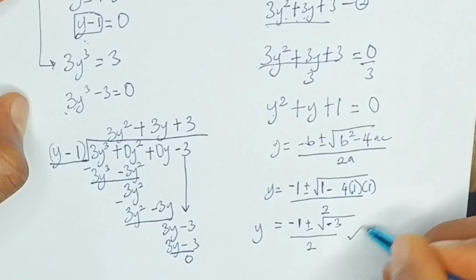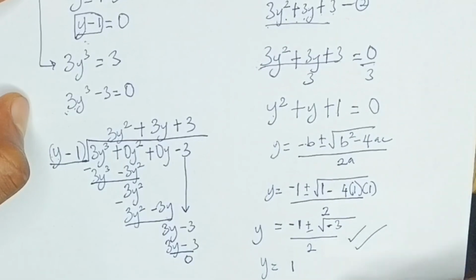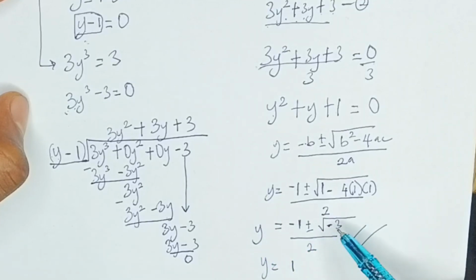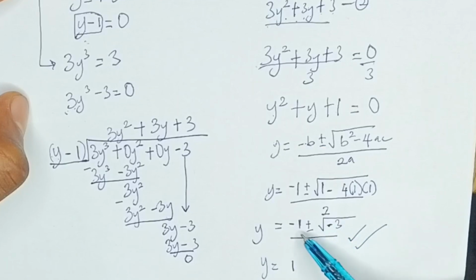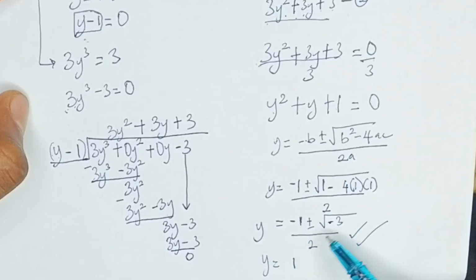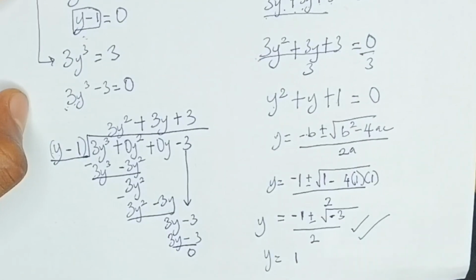So we can easily leave our answer in this form. That is either that y is equal to 1, which we've deduced from the beginning, or that y is minus 1 plus or minus square root of negative 3 all over 2. And square root of negative 3 cannot really be expressed, hence this is not even a natural number.